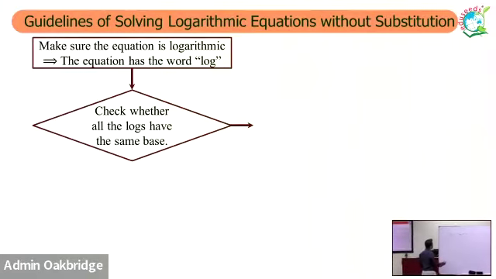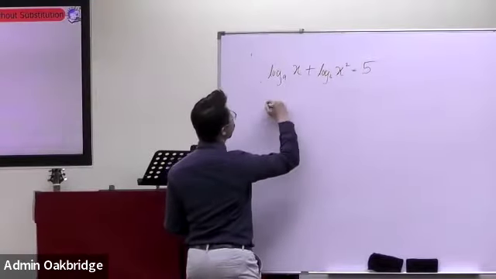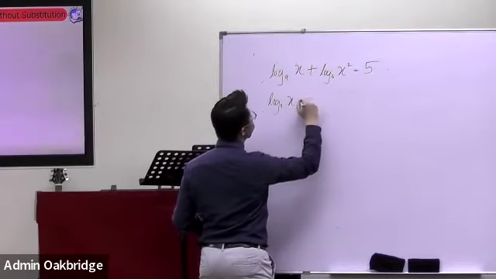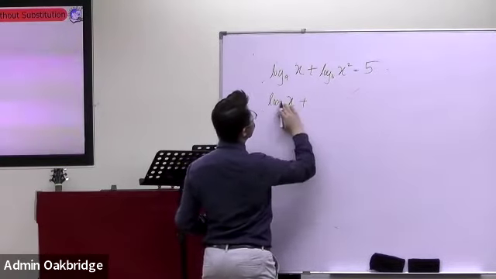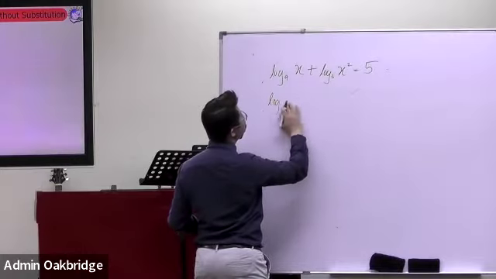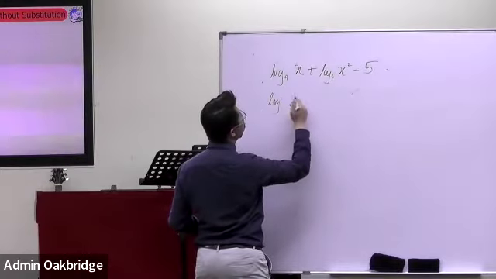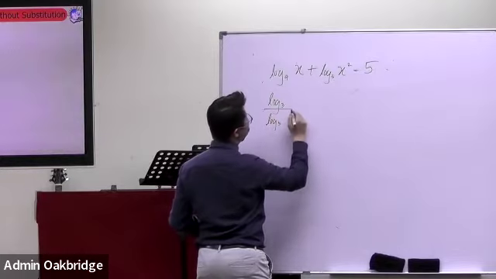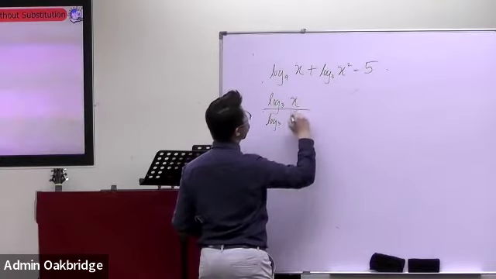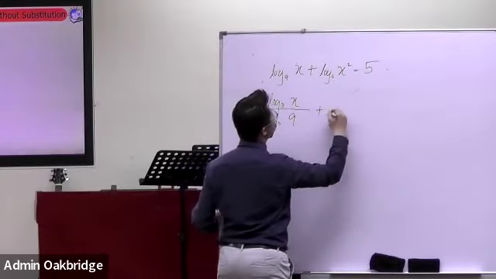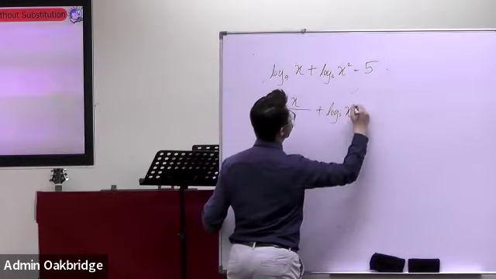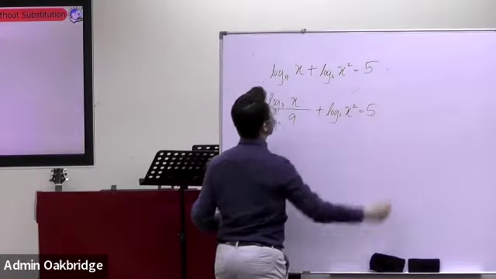You should change the base to base 3. Oh, sorry, this one should be converted to base 3. We do want the 9. X here, 9 here. All right, plus the log base 3 of x squared equals 5.